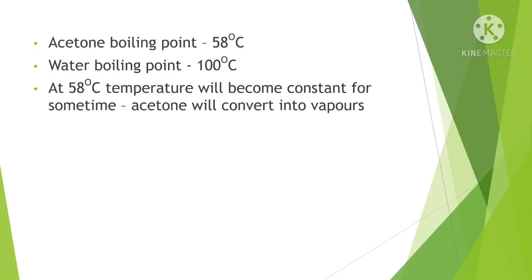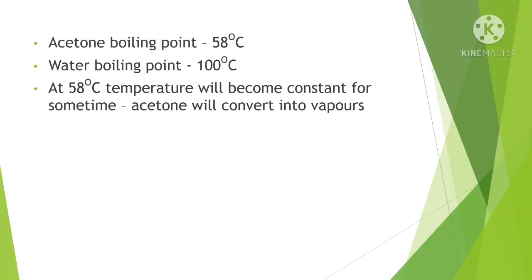But for separating a mixture of miscible liquids using the simple distillation flask, the minimum difference in their boiling points should be more than 25 Kelvin. Only those miscible liquids having a temperature difference between them of more than 25 Kelvin can be separated using the simple distillation flask.